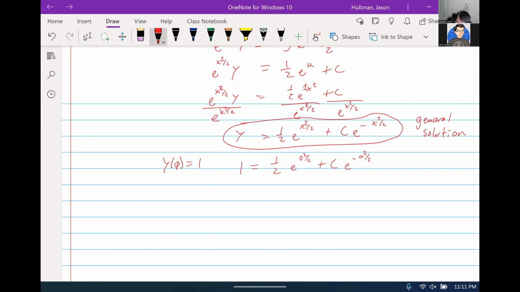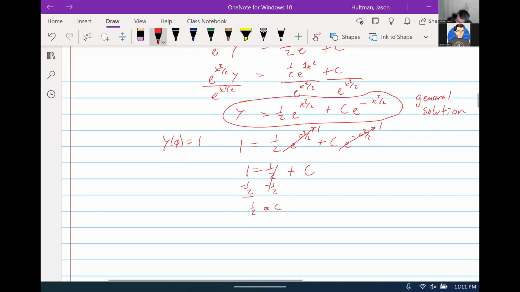Okay, and so we get 1 equals 1/2 e to the 0 squared plus c e to the negative 0 squared. The e to the 0 squareds and the e to the negative 0, those are going to go to 1. And so I get 1 equals 1/2 plus c, subtract 1/2, and we just get 1/2 equals c.